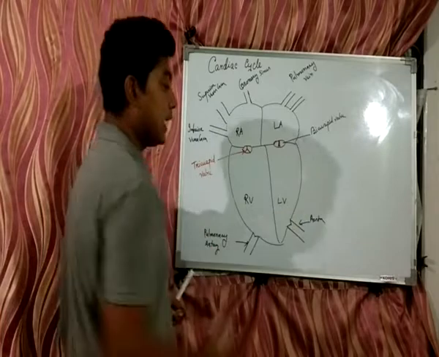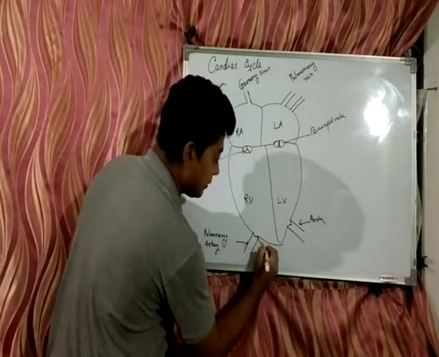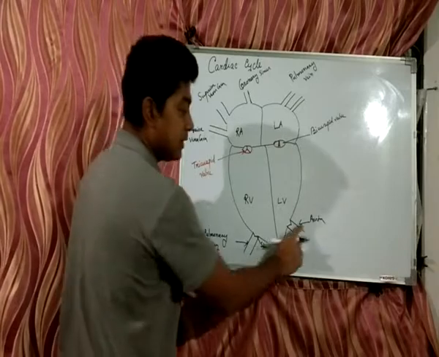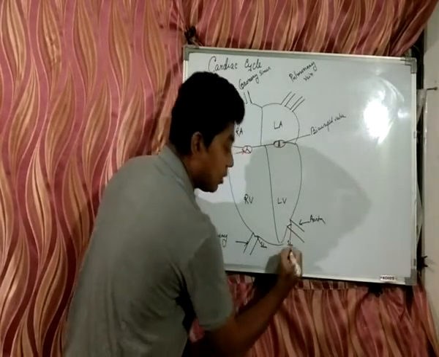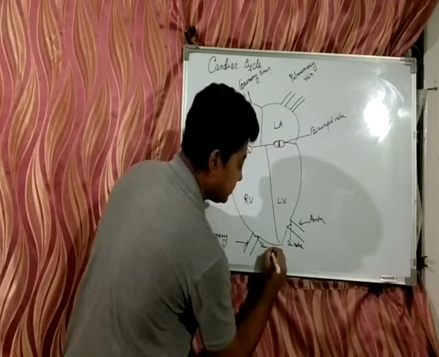These two valves are called semilunar valves, or SL valves. That means this is the pulmonary valve and this is the aortic valve. These were already discussed in my previous lectures.